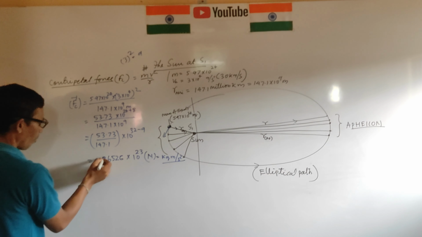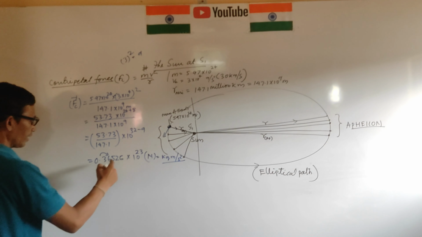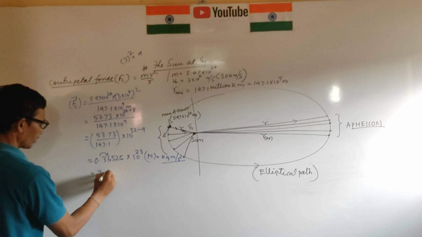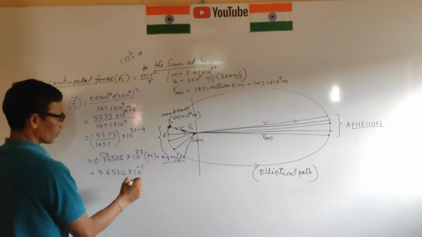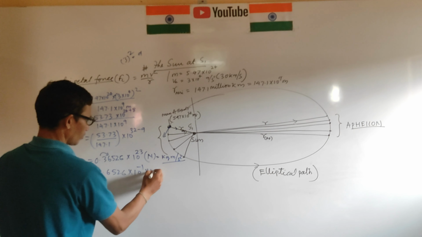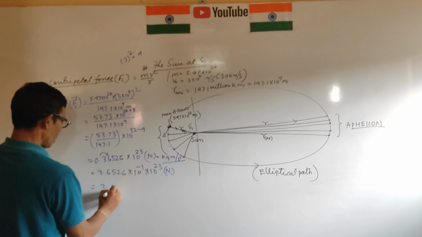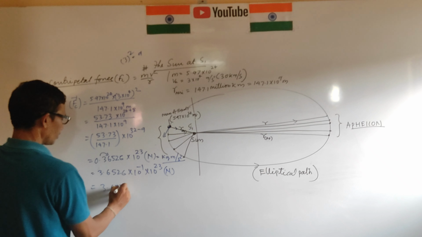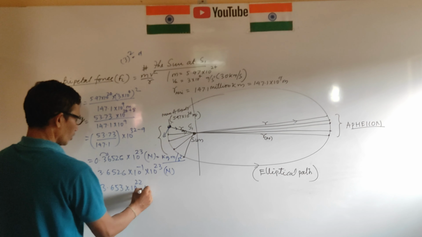So the point is shifted like this. When the point is shifted to the right, it will be 3.6526, and one point to the right means 10 to the power minus 1. So this is 10 to the power 23 Newton, and you can say 3.65 into 10 to the power 22 Newton.